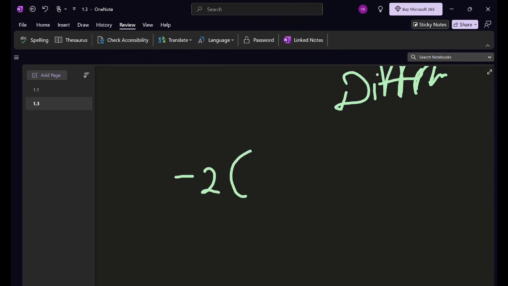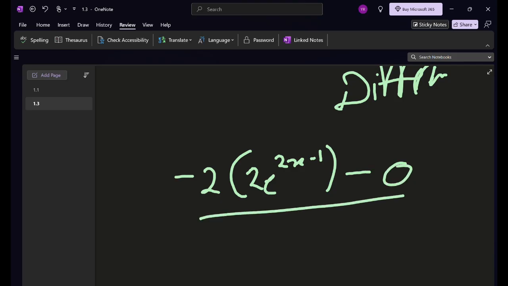So this can be written as minus 2. We're going to take minus 2 as constant, differentiate the lower term, and then take the term as constant and differentiate 2, which is going to end up being 0, and then e to the power 2x minus 1 plus 2c, taking the square of the lower term.